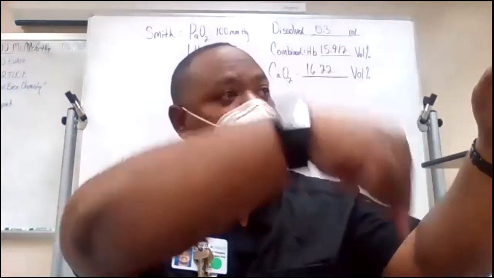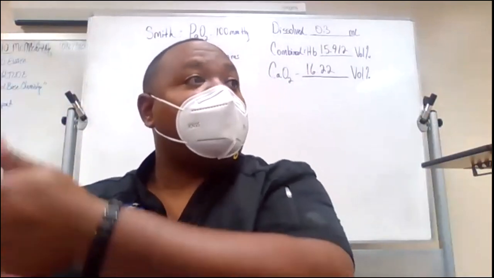When I say temperature goes up, 2,3 DPG goes up, hydrogen ion goes up, that doesn't mean the love goes up. The love is different. That's the first part. If it loves, it goes to the left, and when that happens, everything goes down. If it releases oxygen, it goes to the right and everything goes up. So you need to look at that to help you understand what's going on.